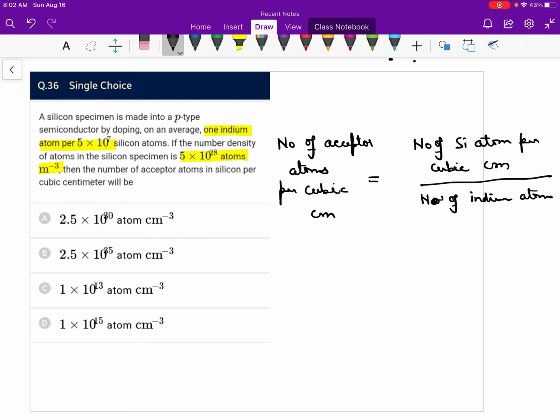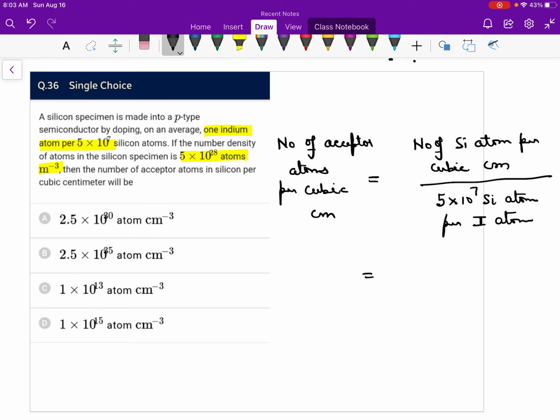Okay, so this is 1 indium atom per 5 into 10 to the power 7 silicon atoms. So we need to divide by 5 into 10 to the power 7 silicon atoms per indium atom.